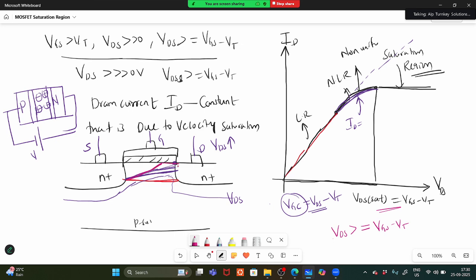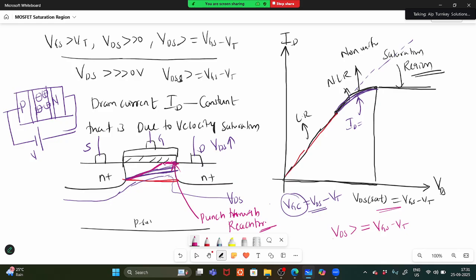This is nothing but what we call punch through, or reach through. Here, gradually there is no path, but due to some velocity saturation, charge carriers will move towards this path.